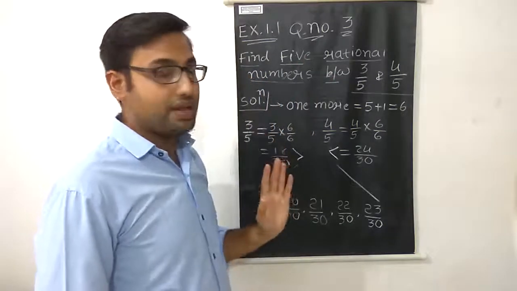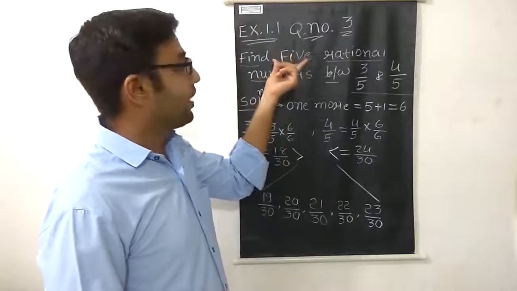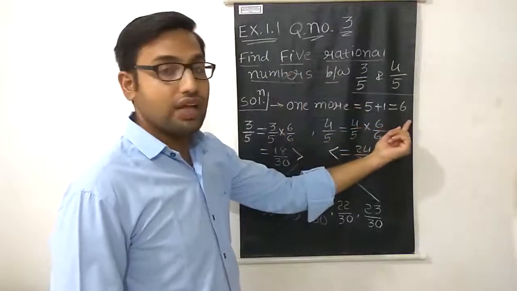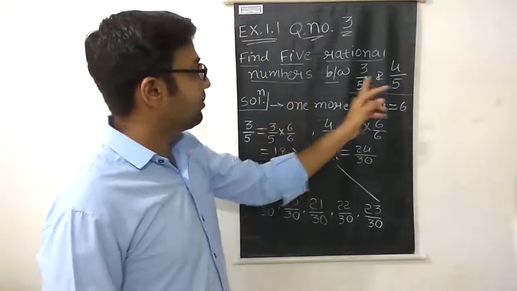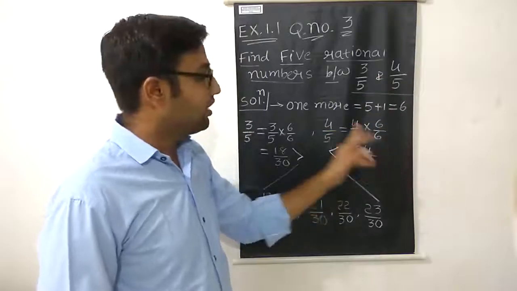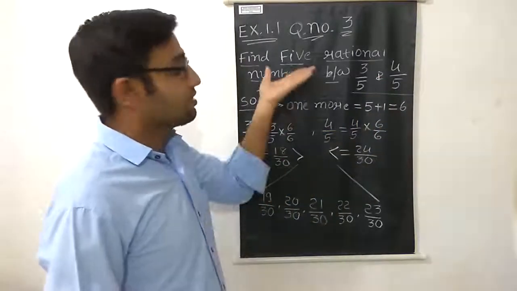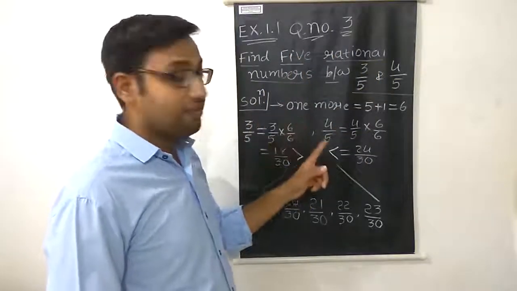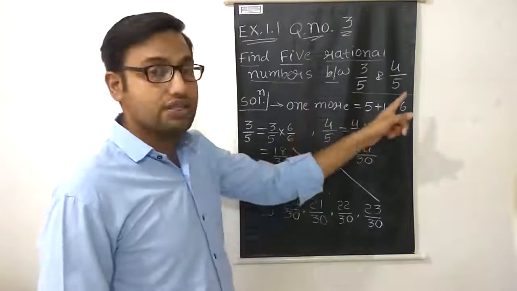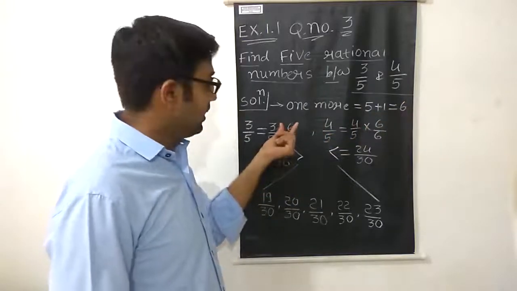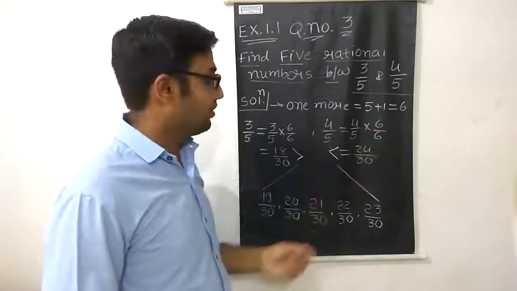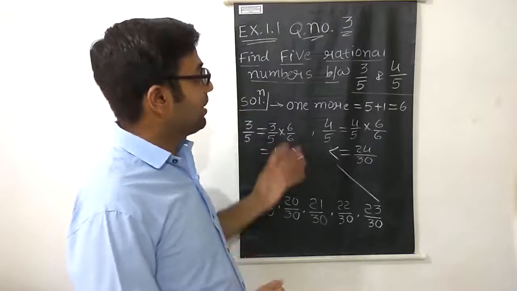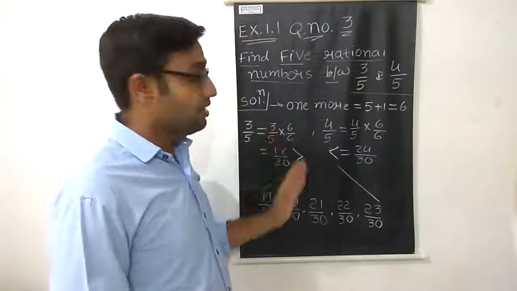Simply remember that if you are asked to find 5 rational numbers, you have to add 1 to this 5 and multiply both the given numbers with it in numerator and denominator both. If you are asked for 7 rational numbers, then you multiply with 8, because 7 plus 1 is equal to 8. So you multiply with 8 in both the numerator and denominator, right? This method is very easy. You can find any rational numbers in this way.